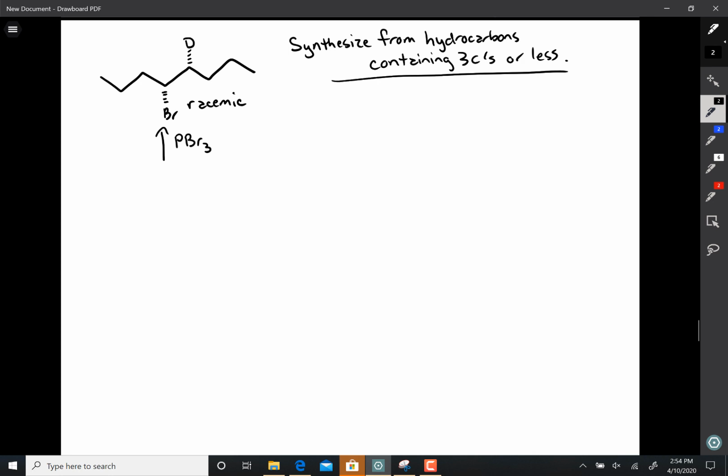And this is particularly useful because it doesn't really do that many side reactions. So, and then this OH would have to be a wedge to show the inversion.